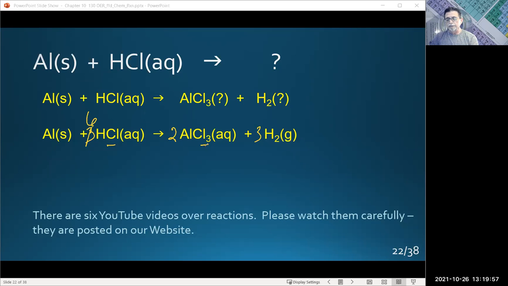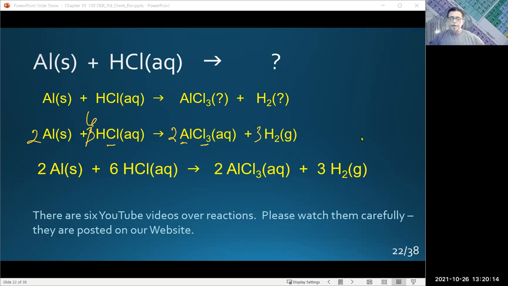Now my chlorides are happy, but it kicked up my aluminum. No big deal, I put a 2 there. Does that look balanced to you guys? It certainly does. Yeah, there we go. That one took a little bit of trial and error. We went with the hydrogens, but we could have gone with the chlorides, or vice versa, whichever one works for you.